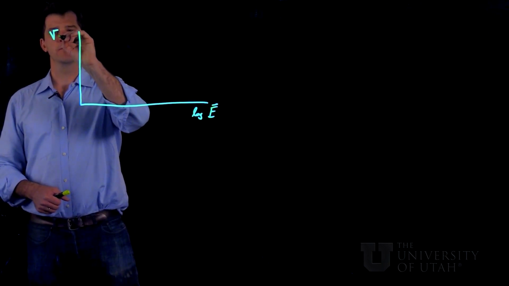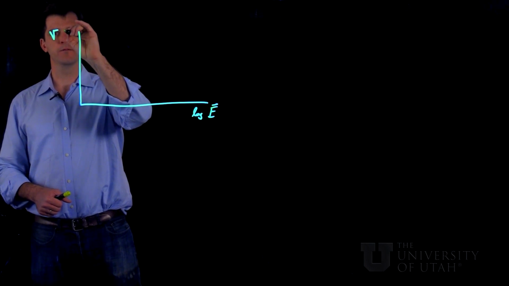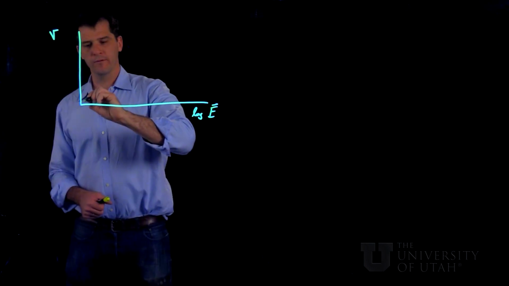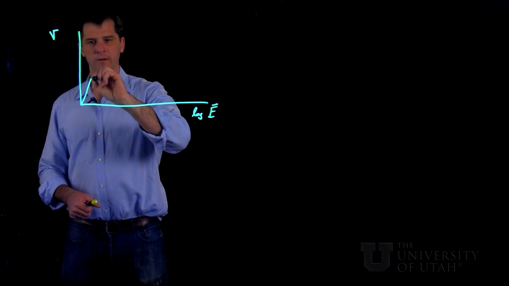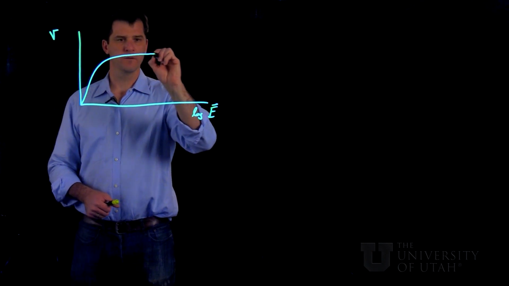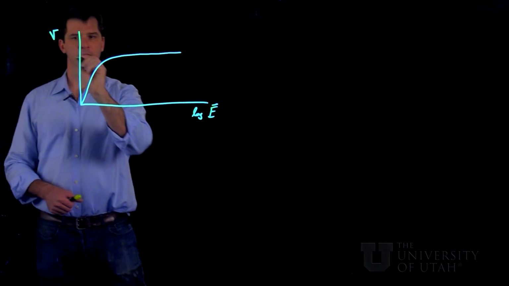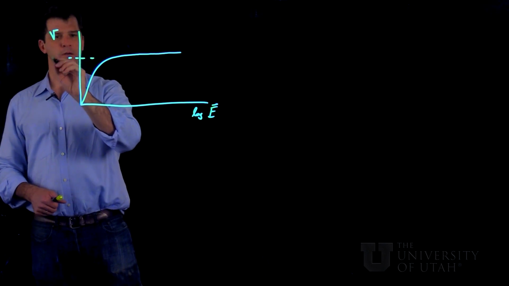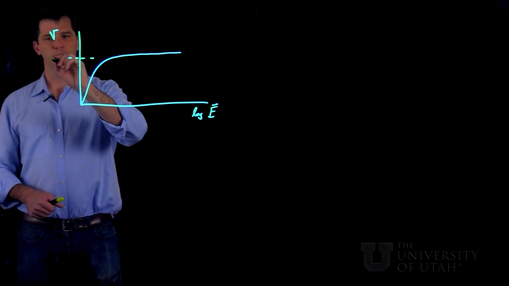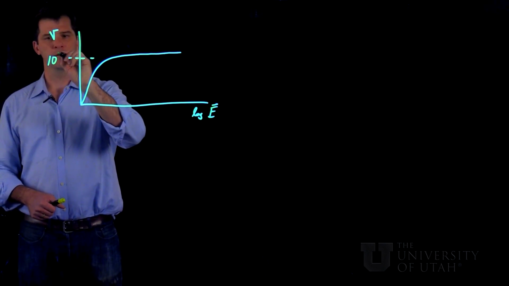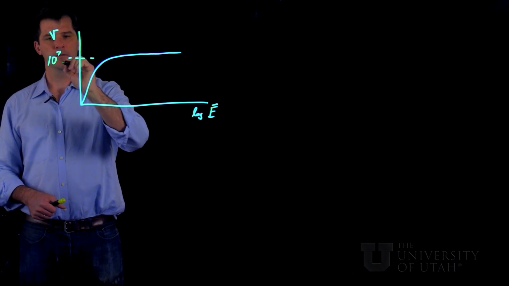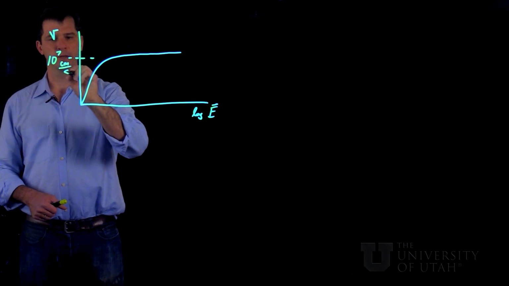If we plot the velocity as a function of the log of the E field, what's found is that for most semiconductors, a curve like this is obtained, with the rollover point being somewhere around 10 to the 7 centimeters per second.